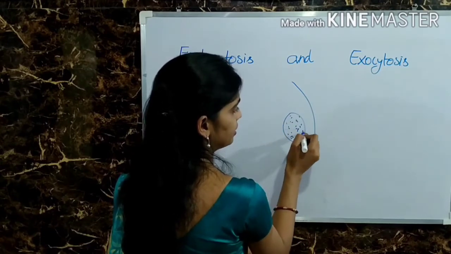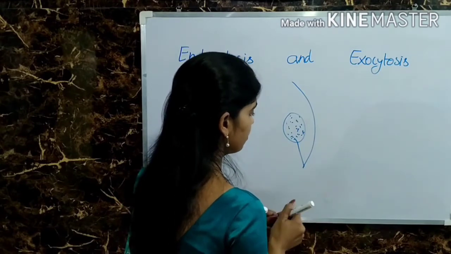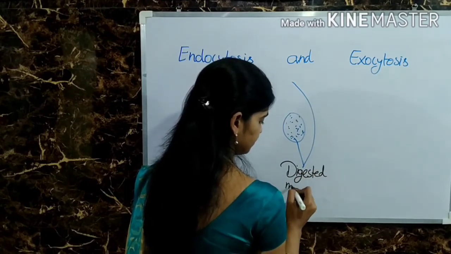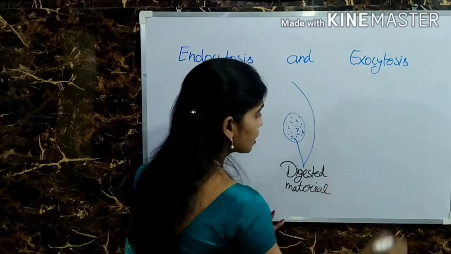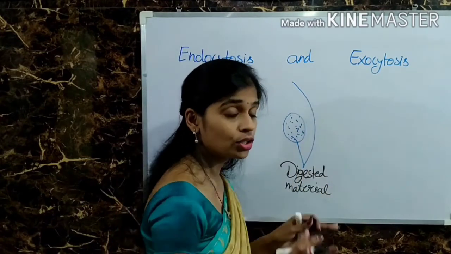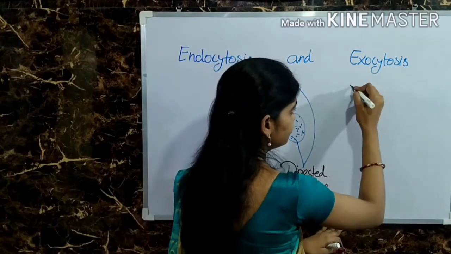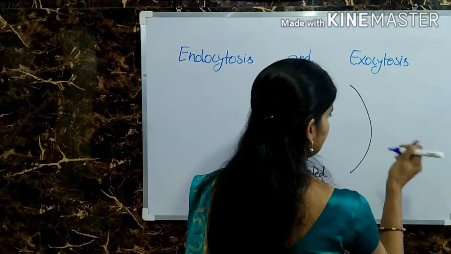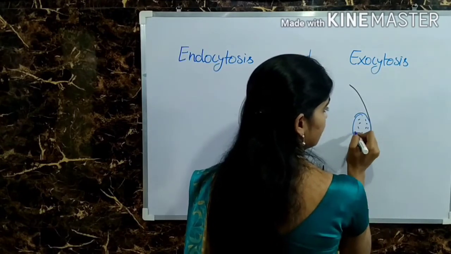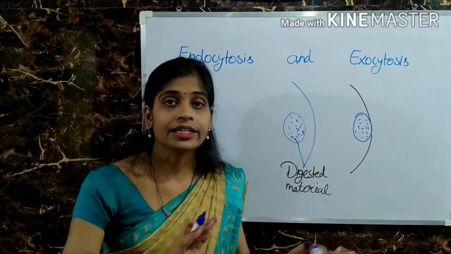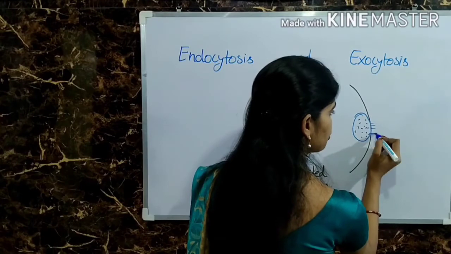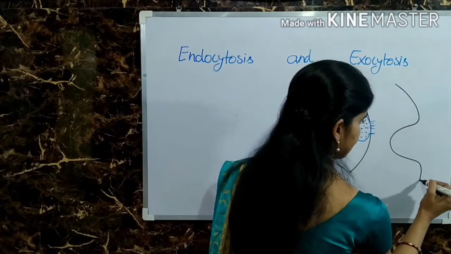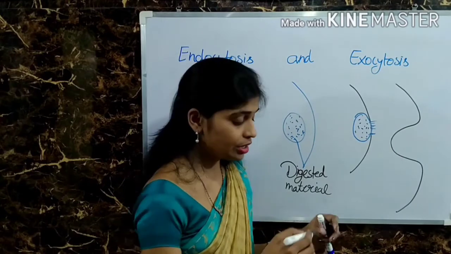The digested material, whenever it comes in contact with the wall of the cell, that is the plasma membrane, then the side of the contact gets ruptured and it fuses inside.